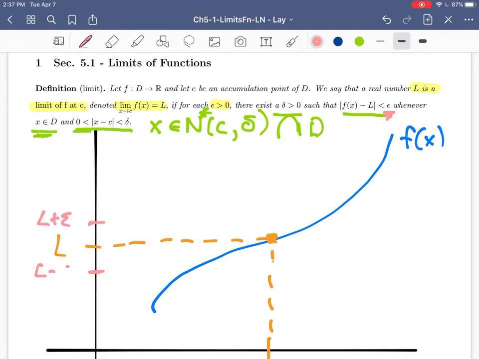This is L minus epsilon. And we ask ourselves, what requirements do we need to put on x in relation to c in order to guarantee that every function value in this range is going to for sure be less than epsilon, right?